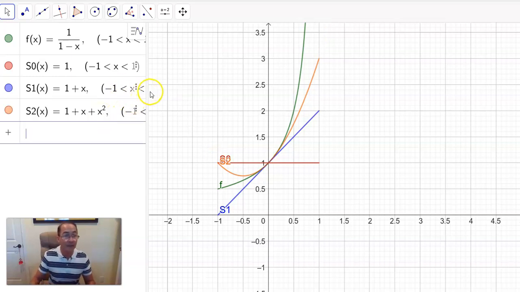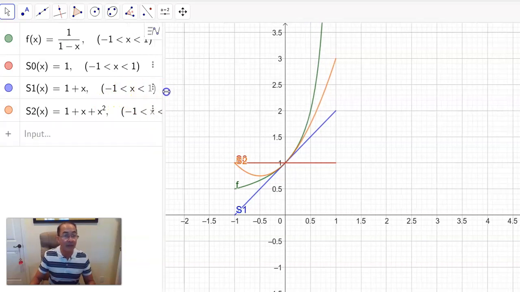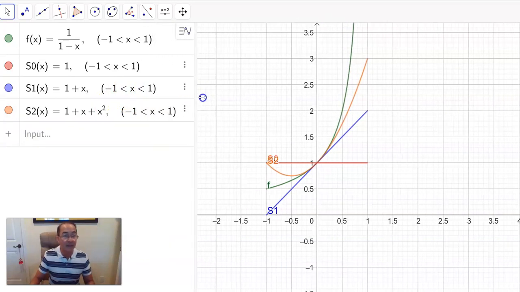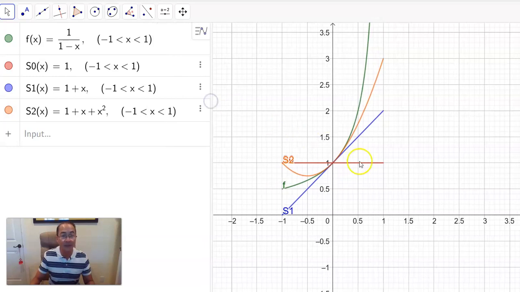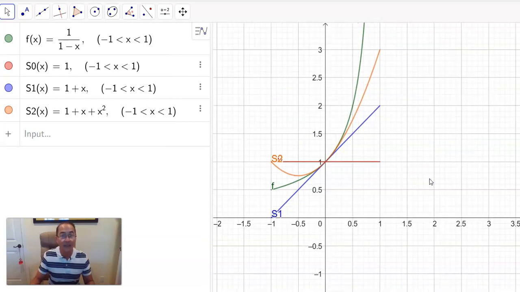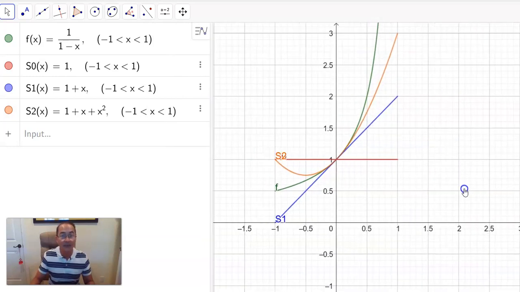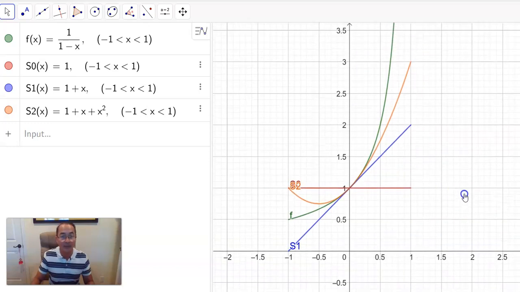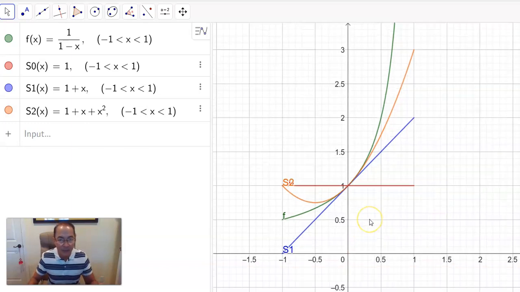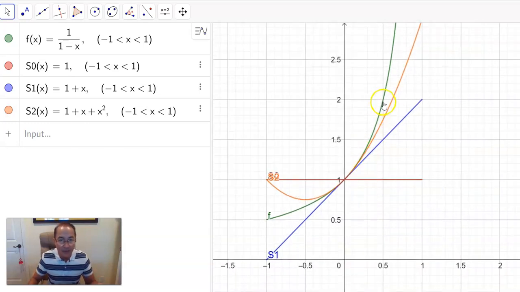There is my S2 of x, and let's see more of this over here. We can expand this a little bit. If you zoom in some more, notice that this is the quadratic S2. It almost looks like it's tangent to our function.